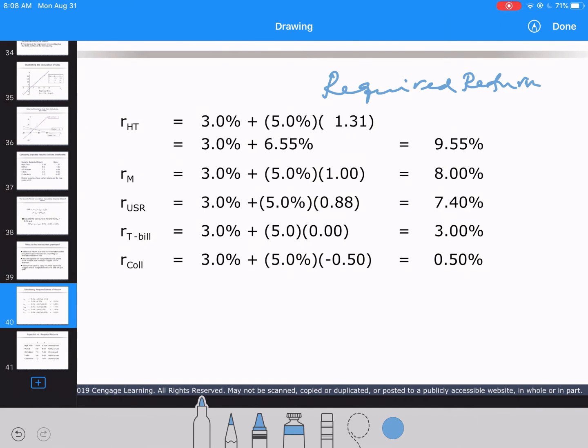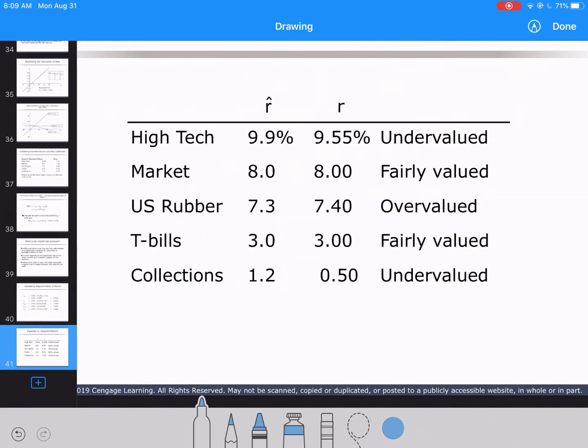As an investor, you will require 9.55% for the risk that you're taking, and when you hold T-bills, you require 3%. Compare this with the expected return calculations. The required rate of return is 9.55 and the expected return is 9.99.